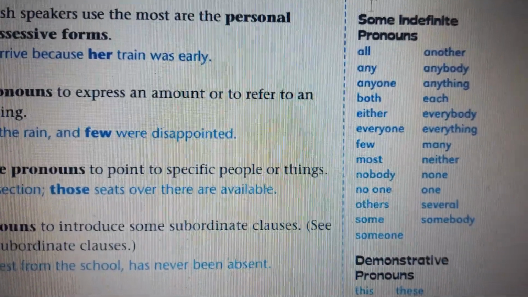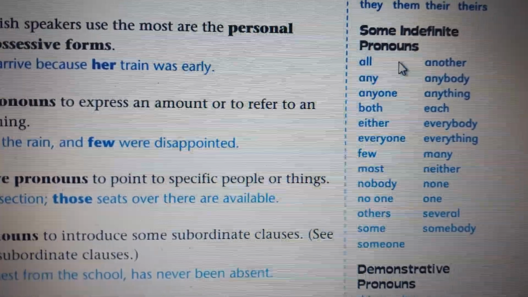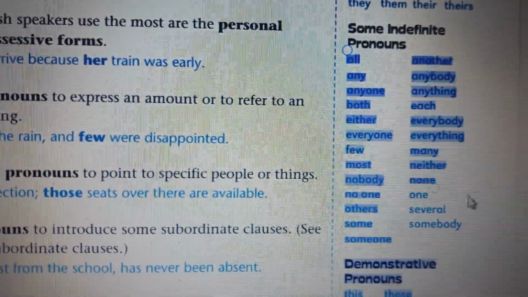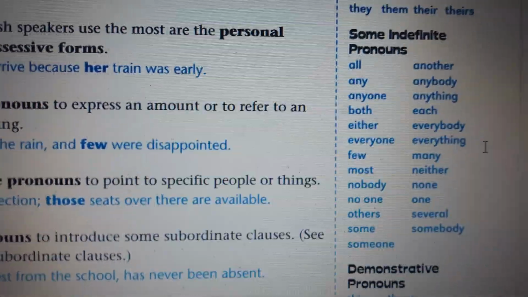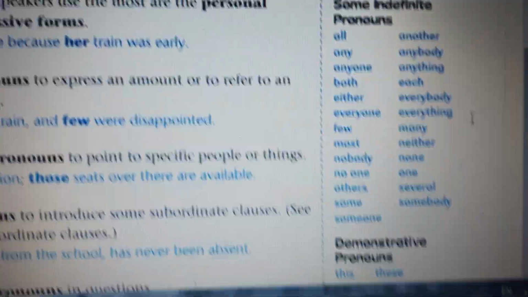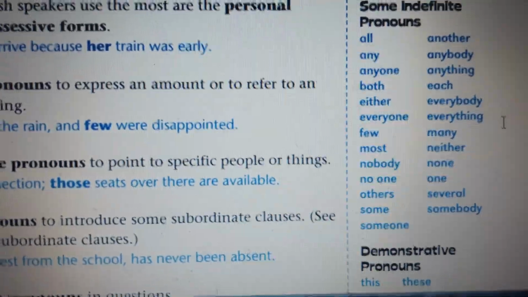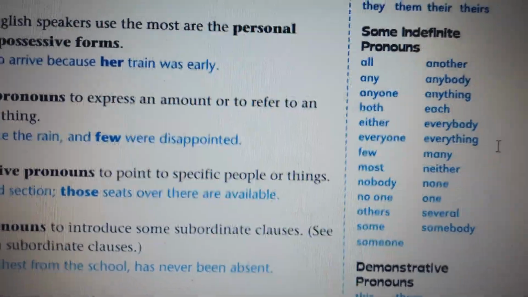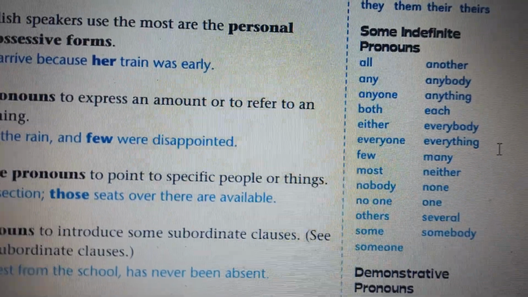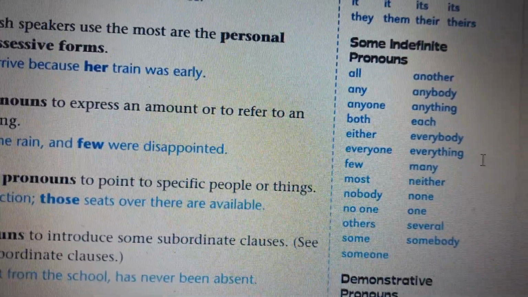So just again, these indefinite pronouns, you have to know all of these. Let's say I ask you to underline the pronouns, and you have these and you didn't know if these are pronouns or not. You have to know them.